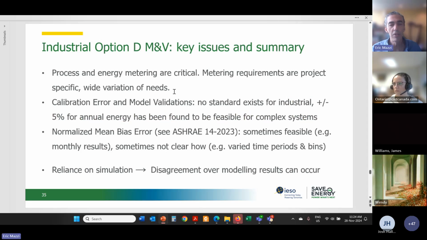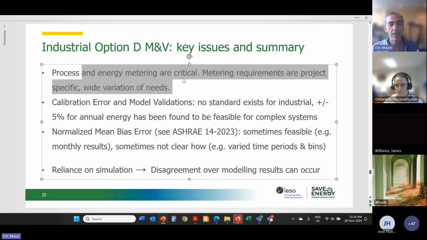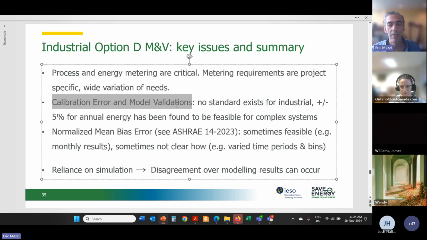Yeah, so other key issues, metering is critical, just like we had some discussions. Which loads do you meter? Do you try and meter absolutely everything, or do you make strategic judgments based on cost and accuracy that only the largest loads? The calibration error and model validation process, I think that came up. There were some great points made by some of you folks that ideally you put that in an M&V plan: what models are going to be used, who's going to do it, what data is going to be collected, what's going to be metered.